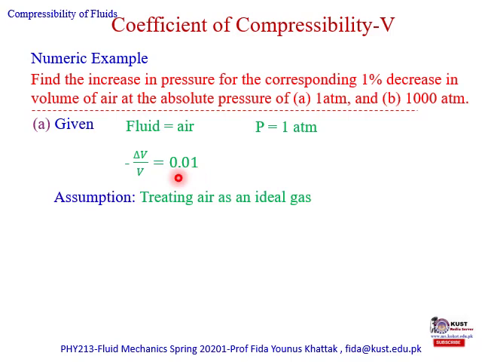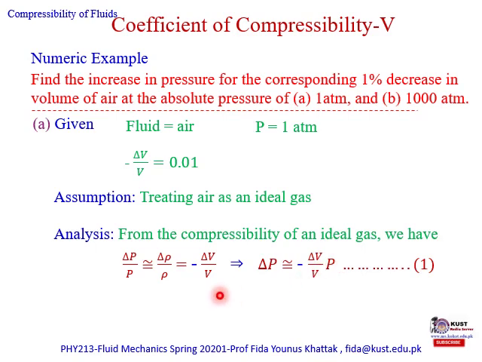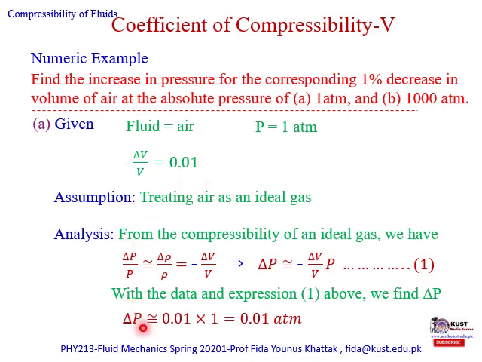We assume the air to be an ideal gas, and from the compressibility of an ideal gas we have delta P over P is approximately equal to delta rho over rho, which is equal to minus delta V over V. Or we can write down delta P is approximately equal to minus delta V over V into P. If we put the values from the data given, we have delta P is approximately equal to 0.01 multiplied by 1, which is equal to 0.01 atmospheric.